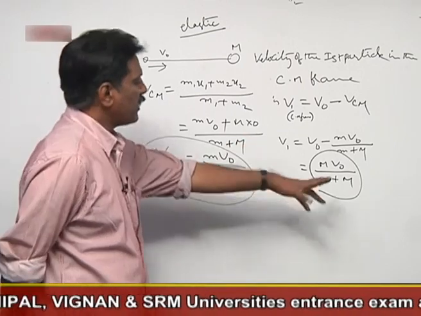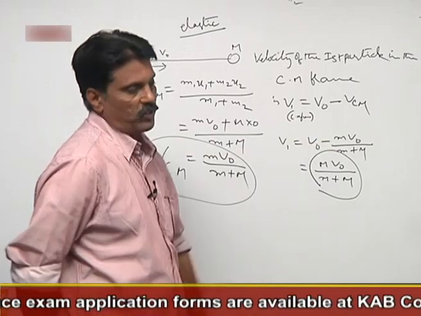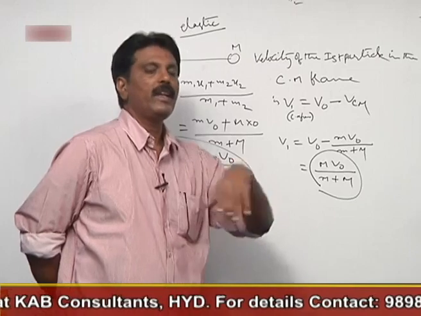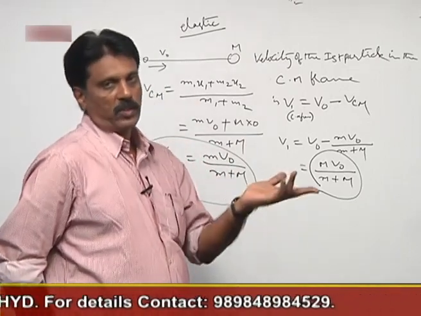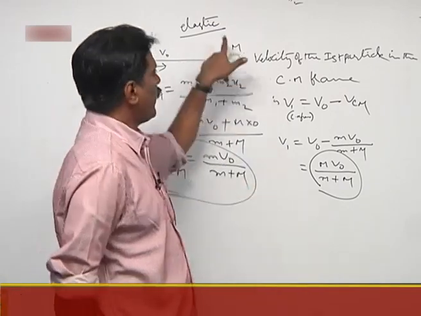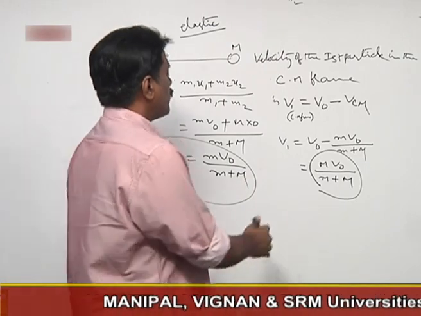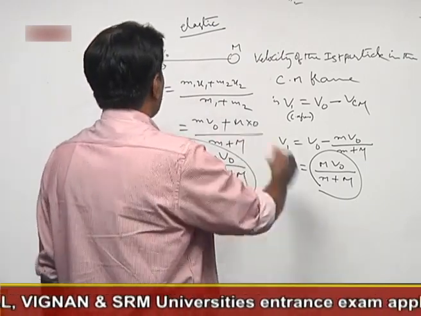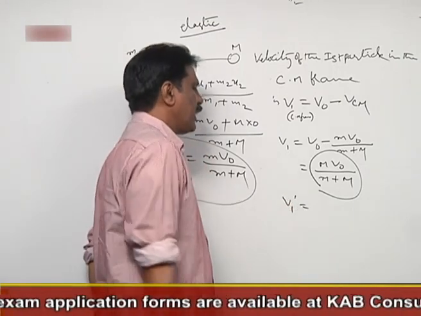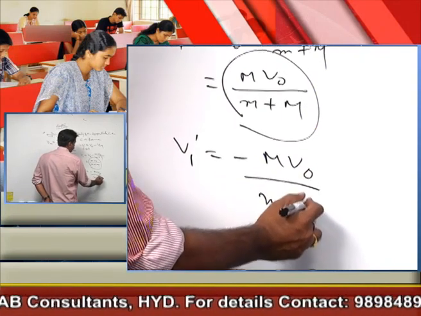What do you expect the velocity to be in the center of mass reference frame after the collision? Already I told you that the speeds will remain same, only directions will get opposite. In elastic collision, definitely that is the result. So here we are given that the collision is elastic, therefore the velocity of the particle after collision in the center of mass reference frame, v1 dash, is equal to minus m v naught by m plus m.